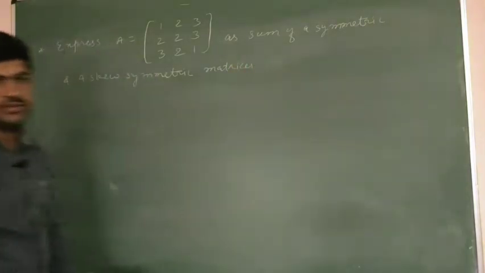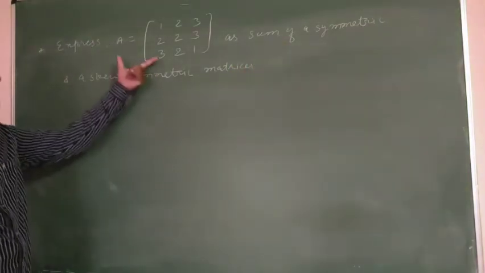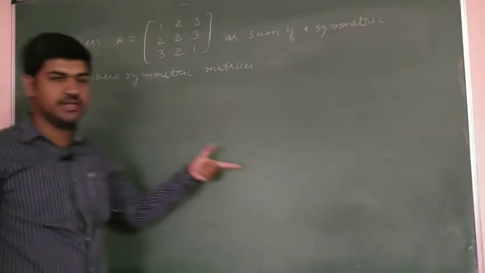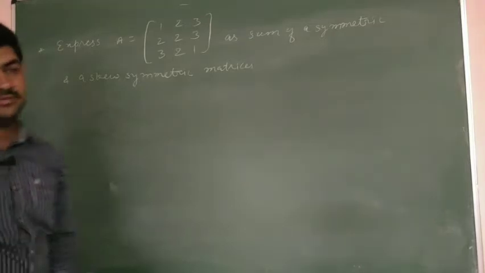So students, what we have to do is we have to express this A as a sum of a symmetric and a skew symmetric matrices.